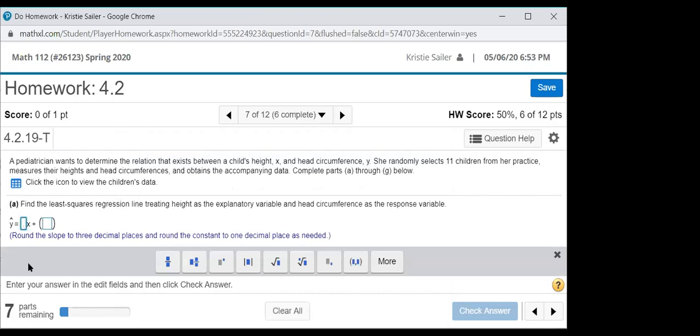Okay, so the slope is being rounded to 3 decimals, and the constant to 1 decimal. There's like 1,000 questions on this one. I'm on G, oh my gosh. There's like 7 parts remaining.